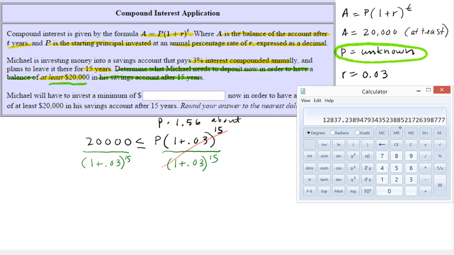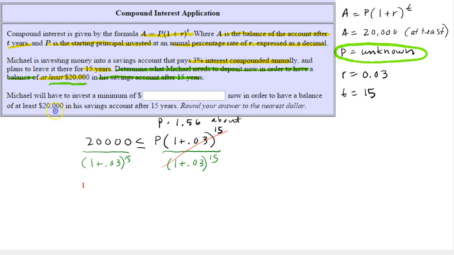So let's write this. Right now I'm thinking about what we have to do, round to the nearest dollar and the fact that it has to be at least, but I'm just going to round this to the nearest cent for now. So 12,837.24.